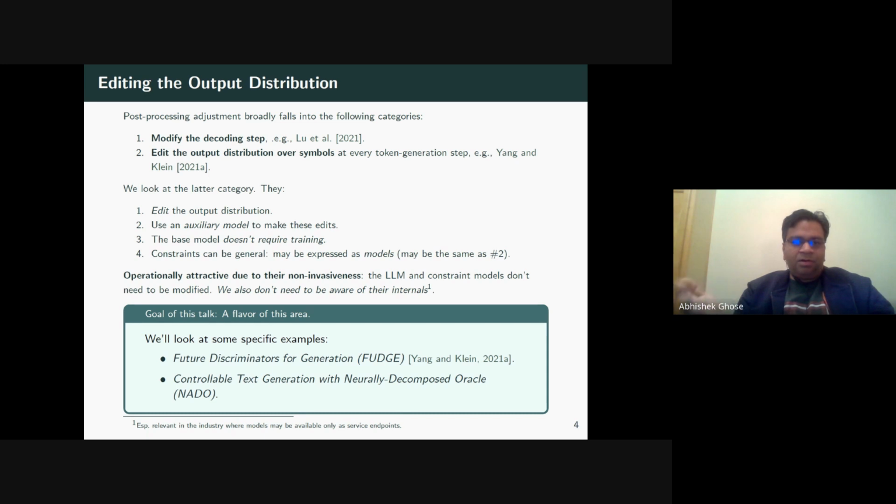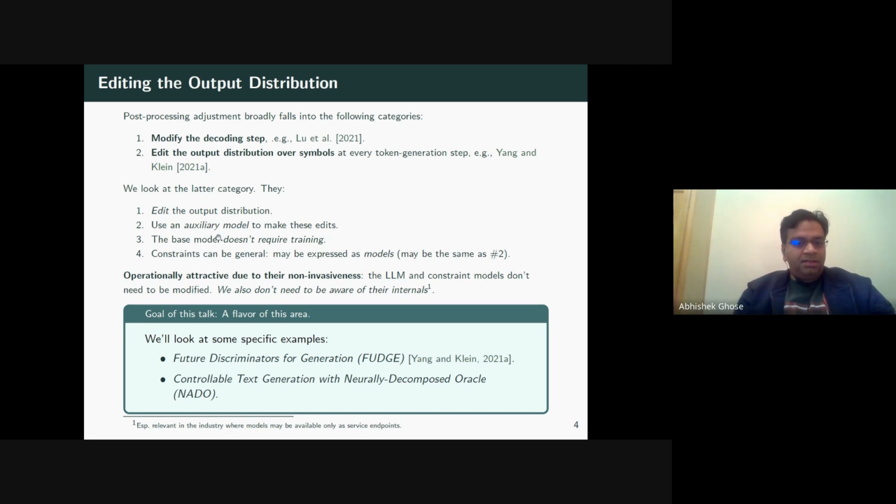And so there are broadly two sets of techniques that fall in this. You can change the decoding algorithm, which we won't cover. But the second one is the interesting bit, which is the model has produced an output distribution, now you change it, right? And the characteristic of this latter category is that you are editing the output distribution.